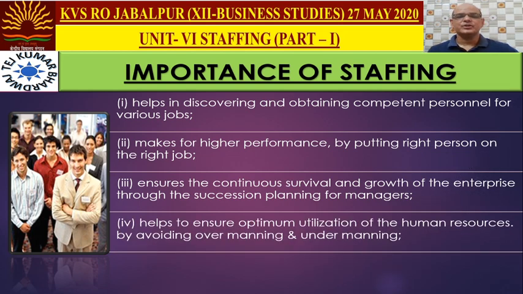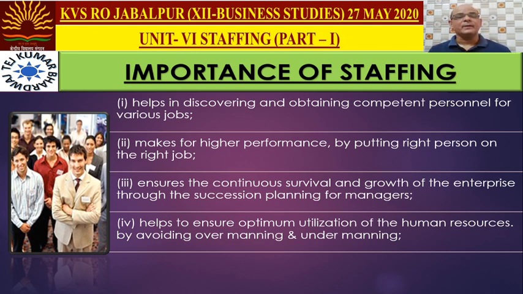It helps to ensure optimum utilization of the human resource. Optimum means appropriate, not more, not less. So it ensures optimum utilization of human resource. Dear students, if we are having an undermanned organization, we are not having sufficient workforce, our tasks will not be completed, we will not be able to achieve our organizational targets and objectives, and the firm will not be able to survive.